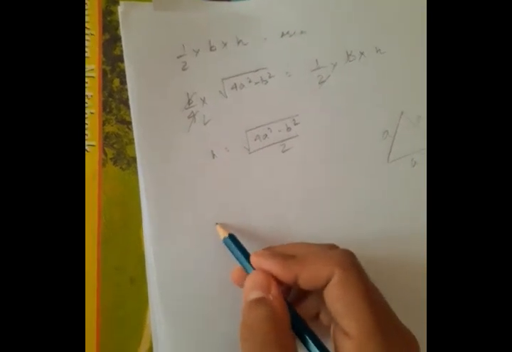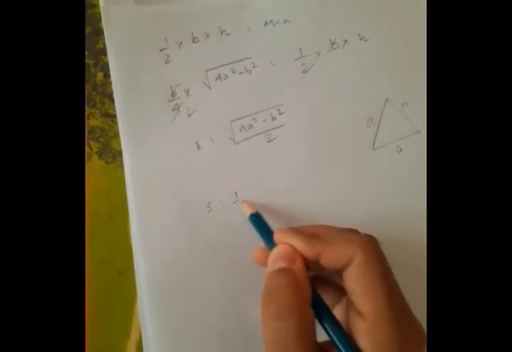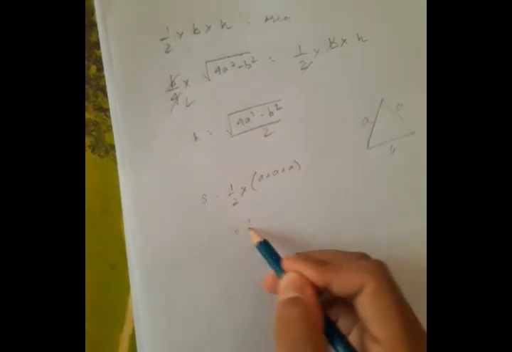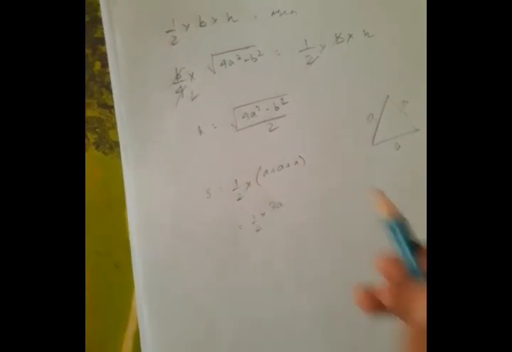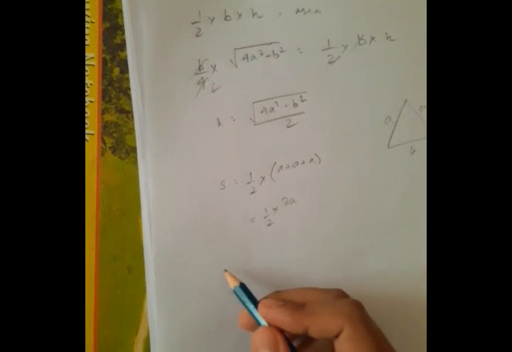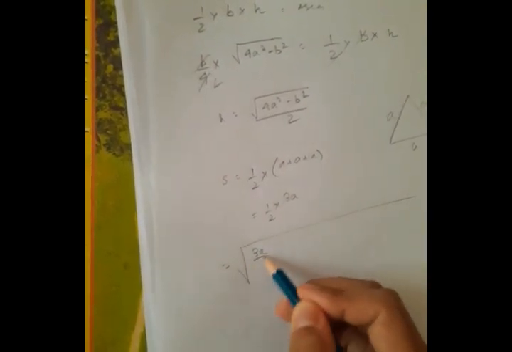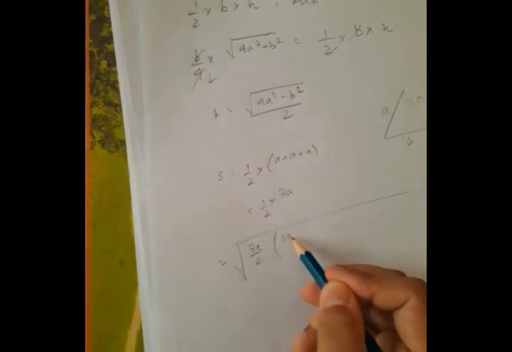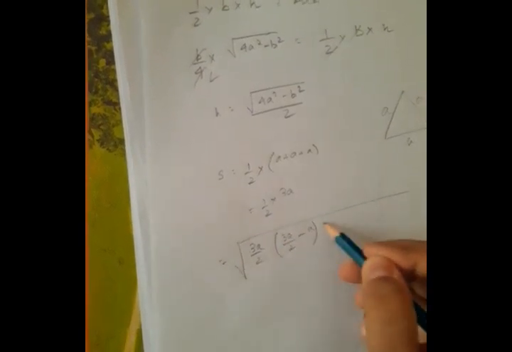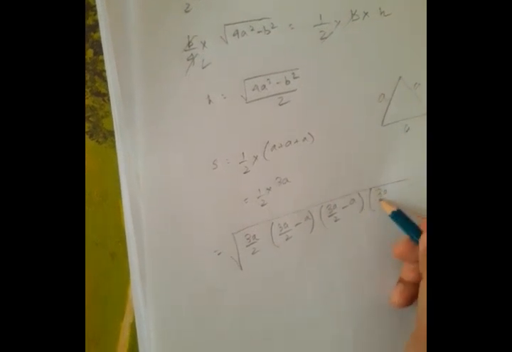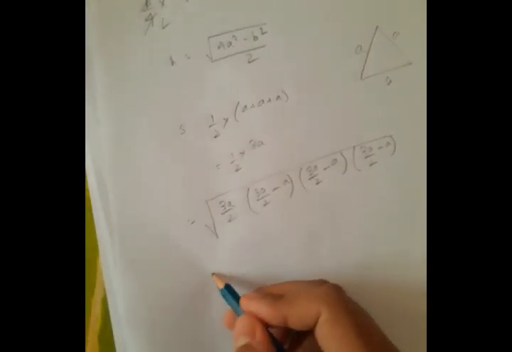By Heron's formula we find s equals half into a plus a plus a, which is half into 3a. So by the formula we directly impose: 3a by 2 into 3a by 2 minus a, 3a by 2 minus a, 3a by 2 minus a. So this is the formula. You get it clear?